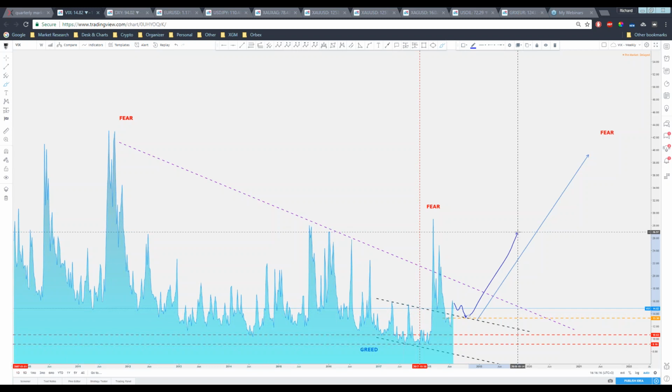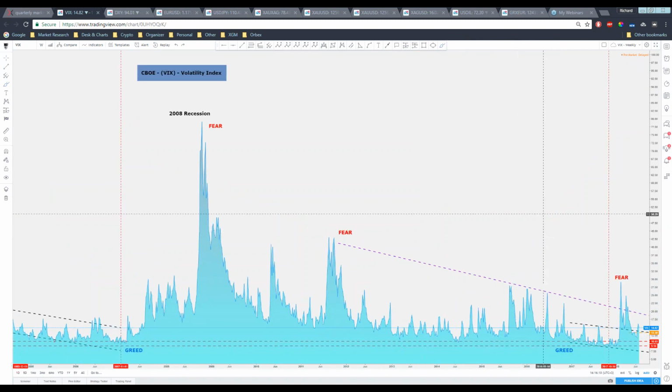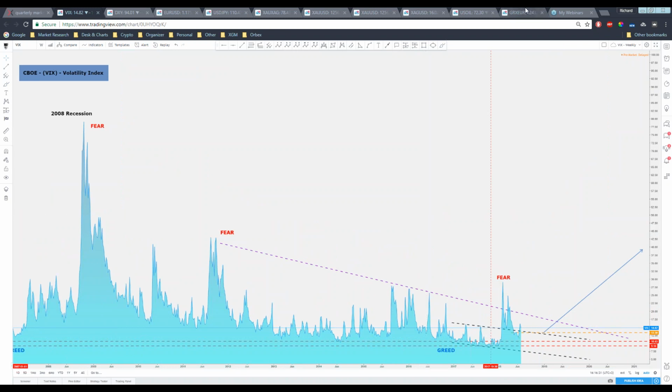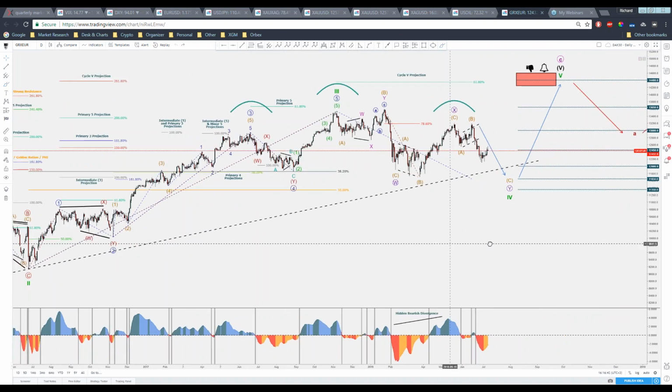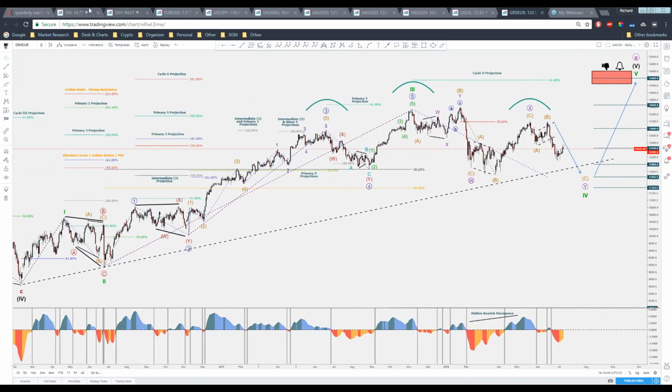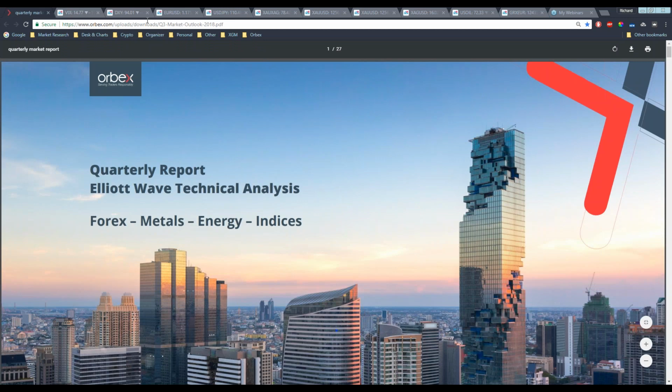Now, if it does happen, then DAX. Yeah, double top, head and shoulders. Not the best one. Not to mention if it breaks through this, I can't imagine what will happen. Anyway, we shall see. Now, going on the quarterly report right here.